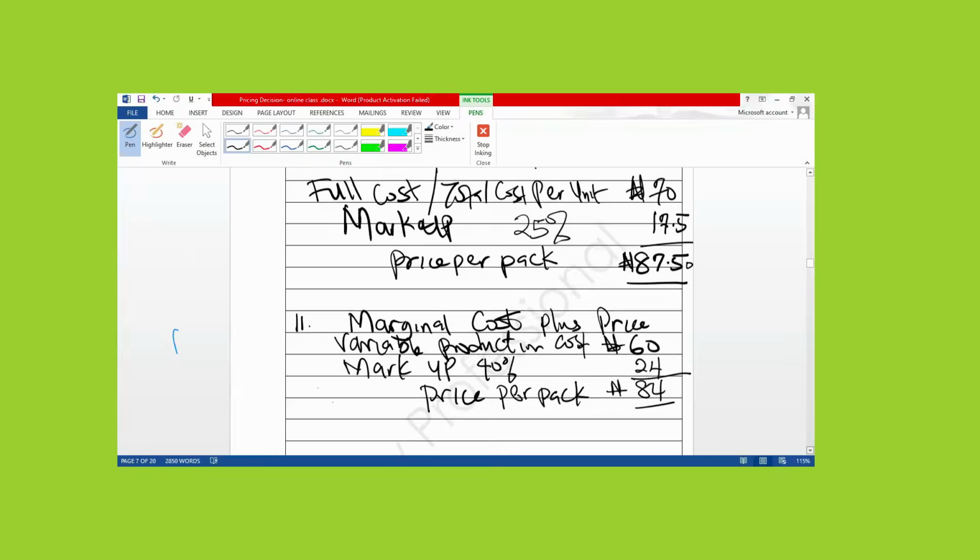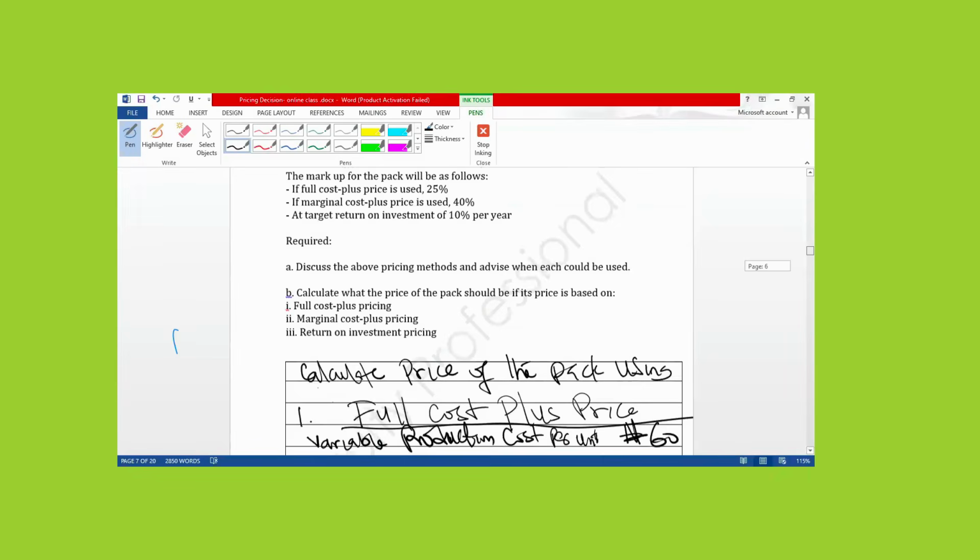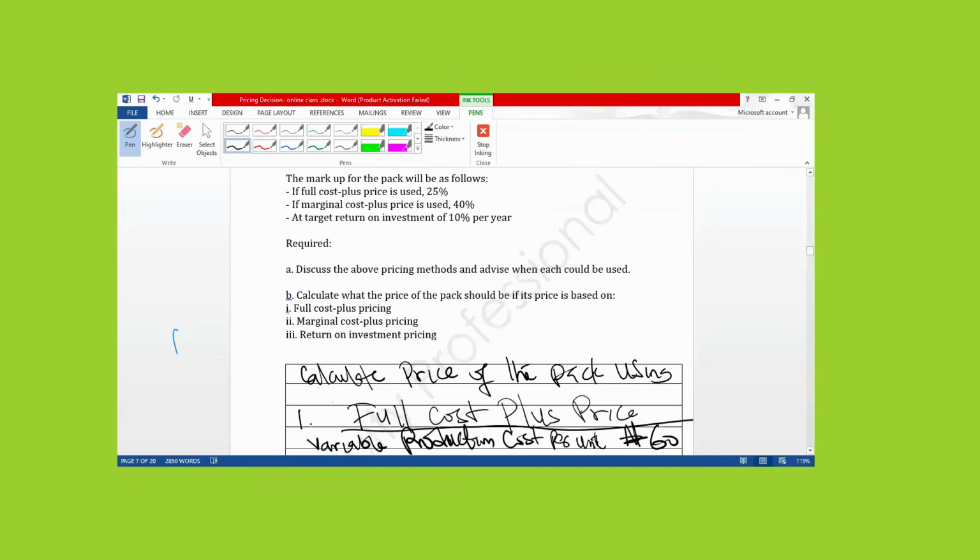We now go to the third one. Return on investment pricing. This is where investment will apply now.